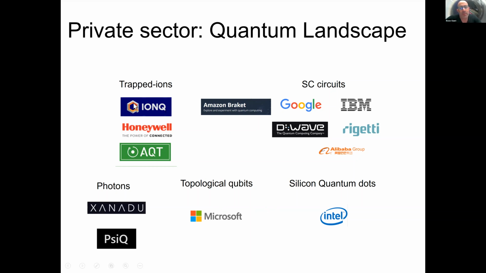IonQ, which is a trapped ion startup from Maryland, last week announced that it's going public through a SPAC, which, being a scientist and not an investor, I'm not quite sure what it means, but I know that together they're actually going public for $2 billion, which is a huge investment. You also notice that some of these players are startups and they get investments from venture capitals.